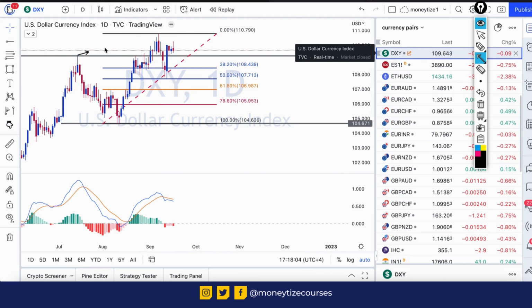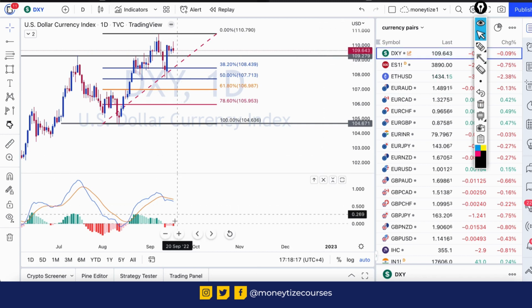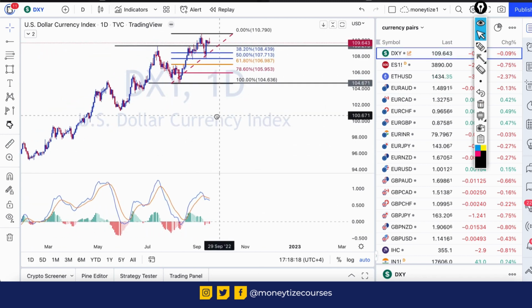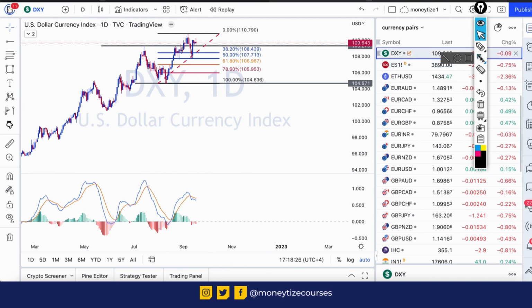Okay, higher high formation with a lower high. So we have bearish divergence on the daily. As per the bearish divergence on the daily, we need a break below the daily structure level, that is below 104.67.